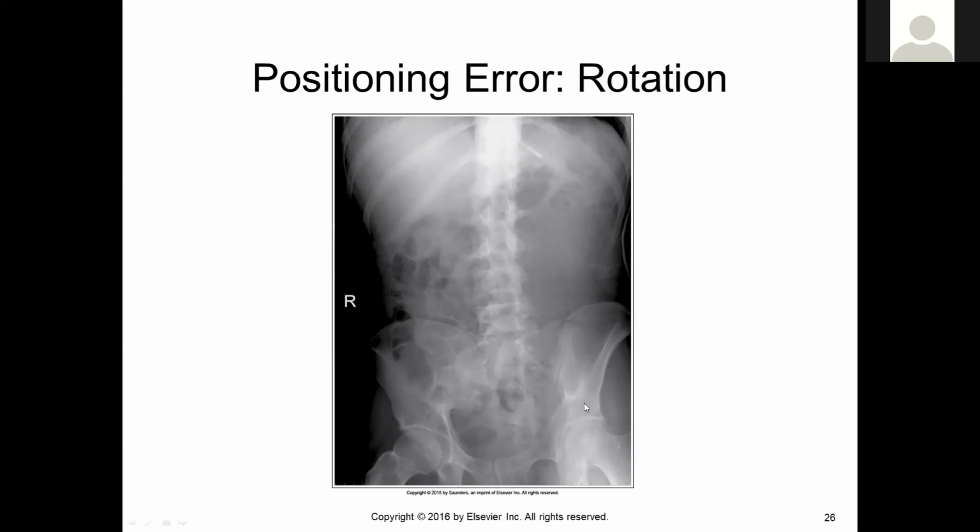Notice the difference on the width of this portion of the ilium versus this portion. This is elongated, it's rolled down against the table. So this patient is turned to the right. The left side has come up off the table. It now looks narrower on the image because it's pulled away from your cassette.